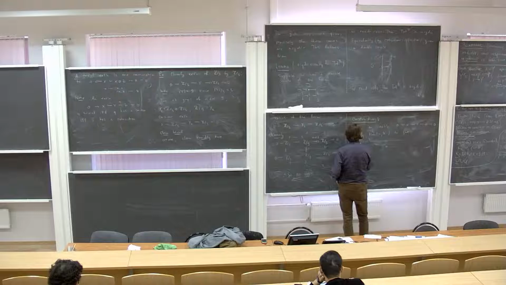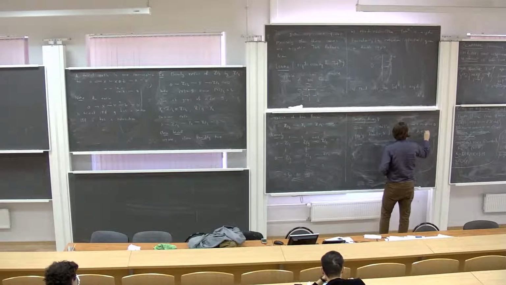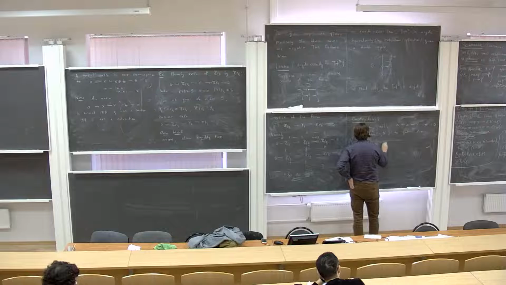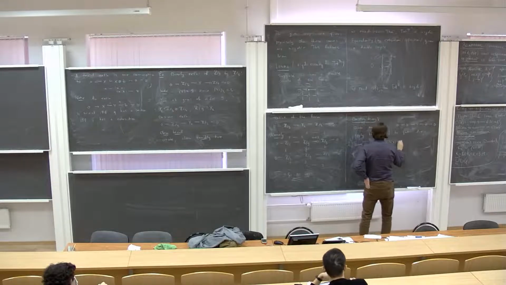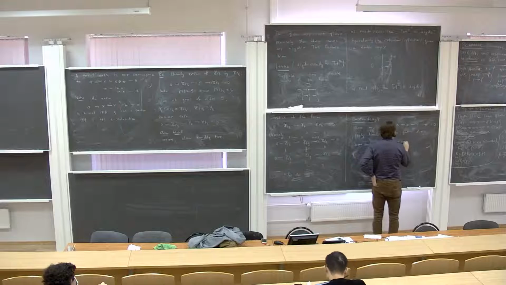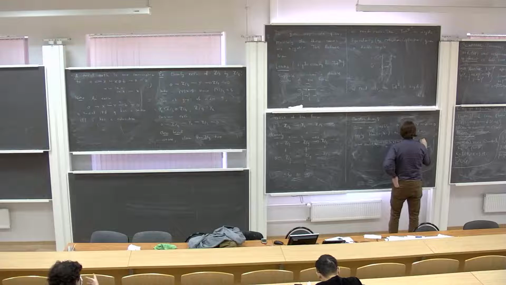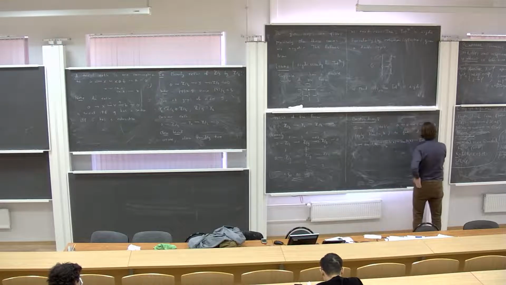We'll get a long exact sequence: Hom(Z, X), Hom(Y, X), Hom(X, X), Ext^1(Z, X), and then it will continue.